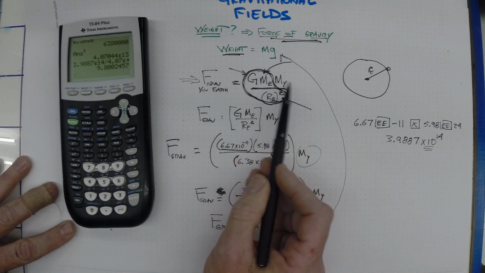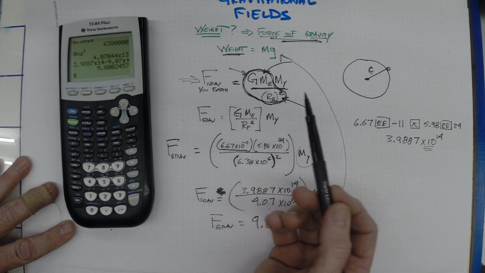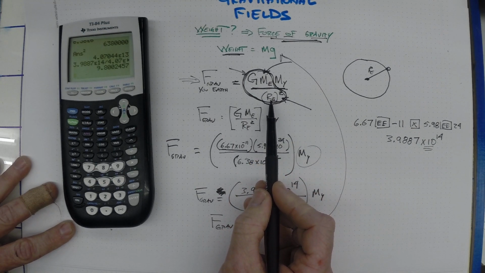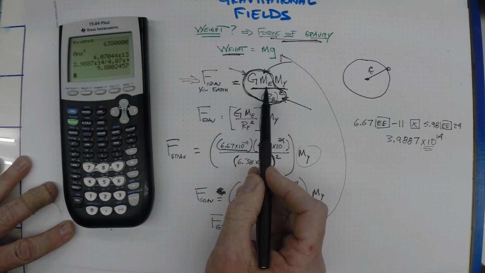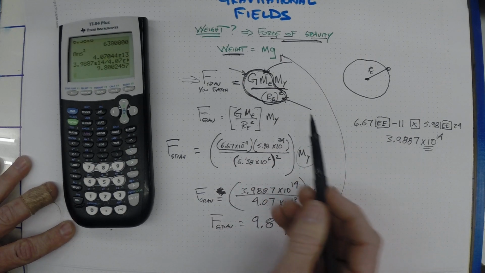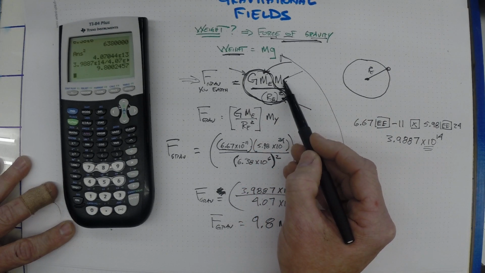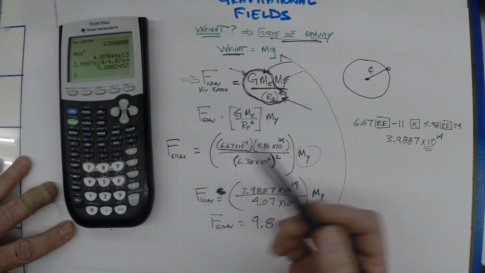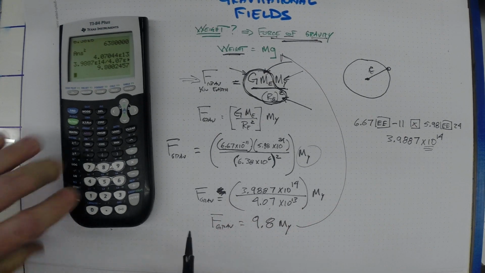And in fact, you could find it for the moon if you knew the mass of the moon and the radius of the moon. You could find it for your mass and your radius. If you treat yourself like a sphere, you even have a little value of G, right? Every object does. You take that value times the mass of some other object, and then you get the force of gravity between you, or the weight.